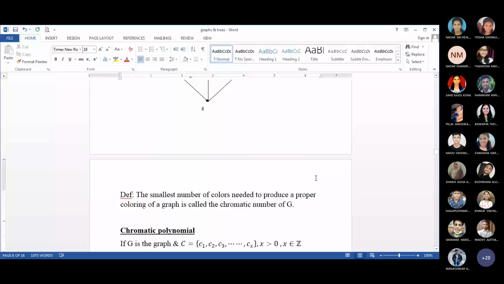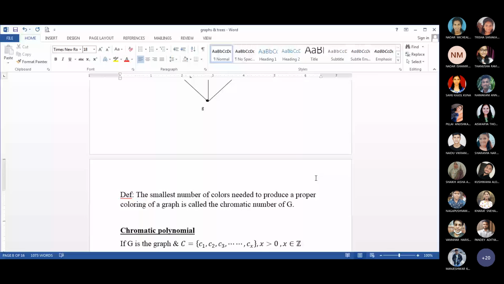Next is the definition for a chromatic number. Chromatic number says the minimum number of colors required to obtain a proper coloring of a graph is said to be the chromatic number. Again I repeat, the definition uses different wording. I am telling it with its meaning. The formal definition is the smallest number of colors needed to produce a proper coloring of a graph.